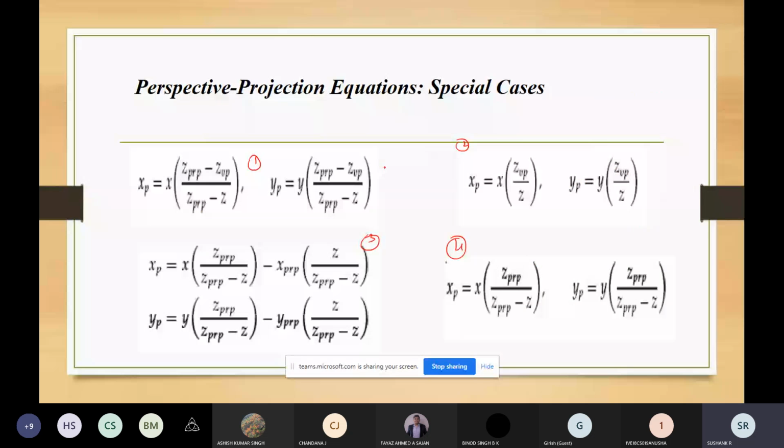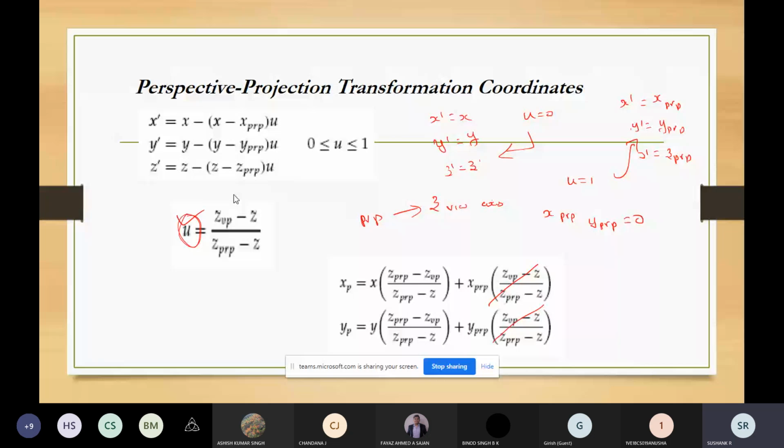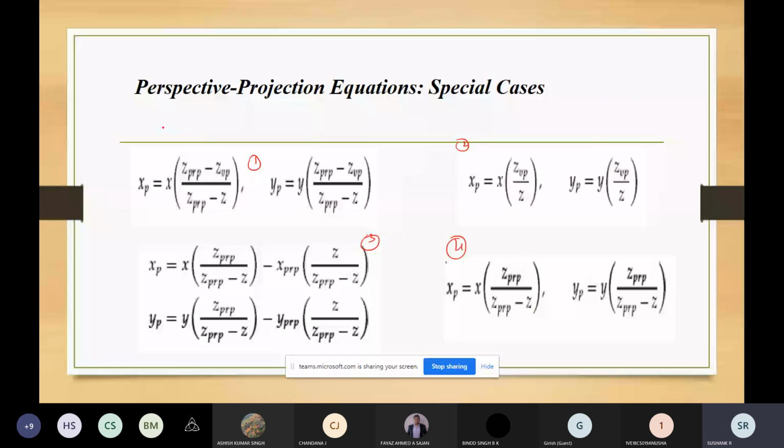This is when the x projection and y projection are made 0 by considering only the z view axis. That is the first scenario. The second scenario is, I'm making the projection reference point xprp, yprp, and zprp at the origin.